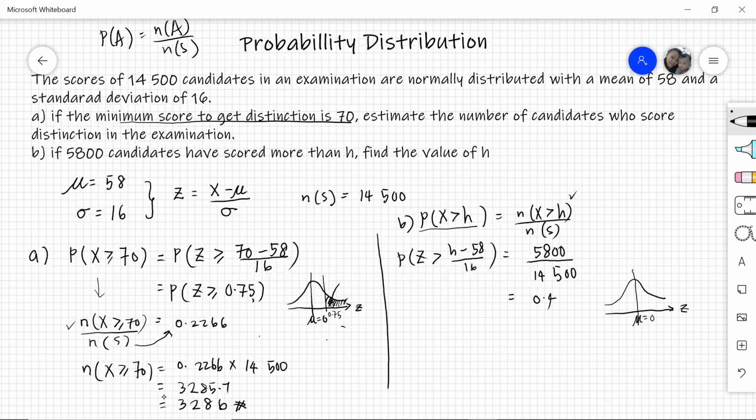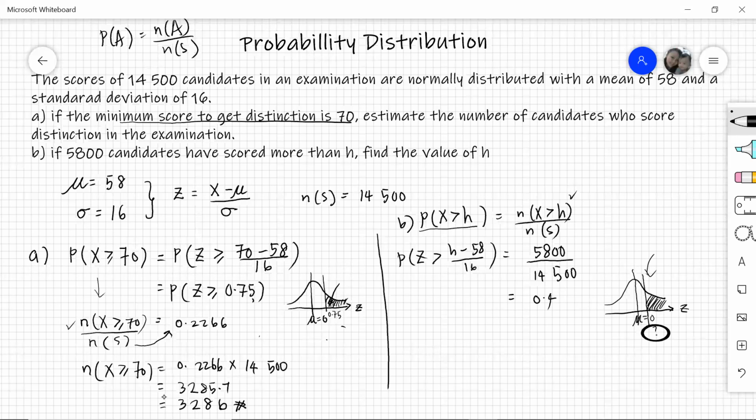And what we want is greater. So how do we sketch the graph? When it is greater than a certain Z-score, it will get 0.4. Now we know that half of the graph is 0.5, so 0.4 must be here. Therefore our Z-score is on the positive side.